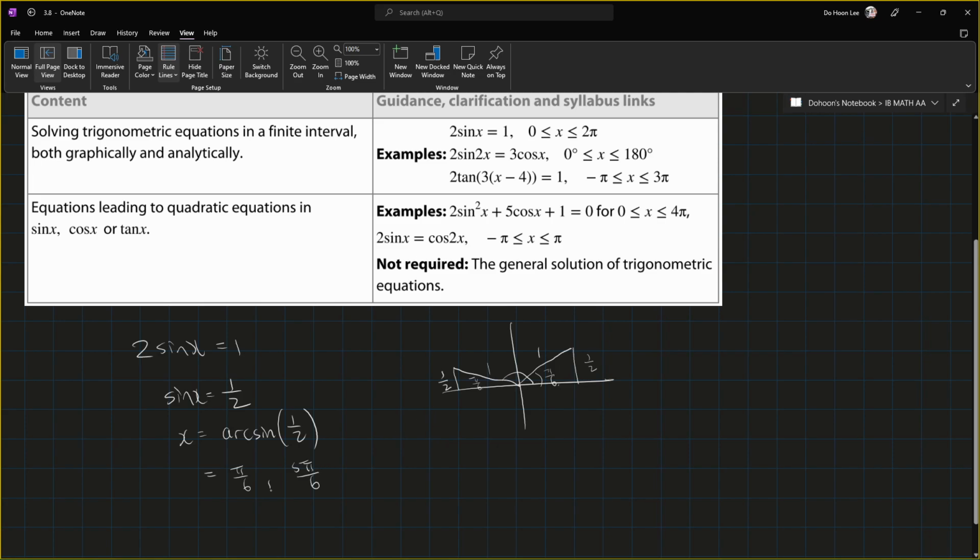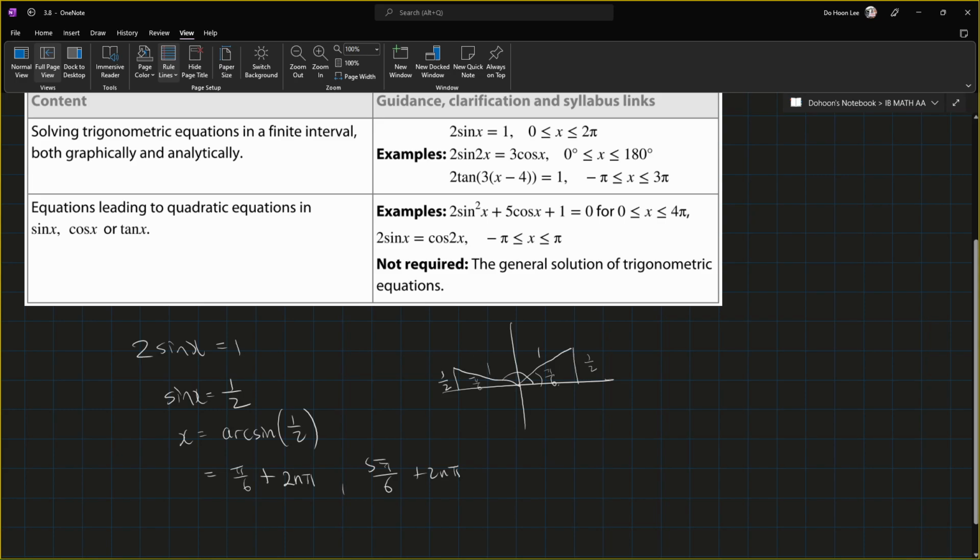So instead of writing pi over 6 and 5 pi over 6 like this, let's add some amendments to it: pi over 6 plus 2n pi, and 5 pi over 6 plus 2n pi. So plus 2n pi represents that no matter how many circles I do, how many repetitions, I'll still get those same sine x equals 1 over 2.